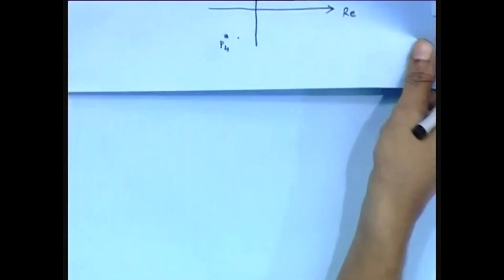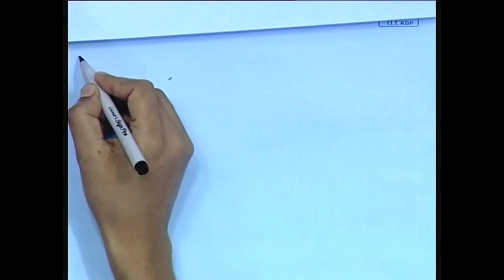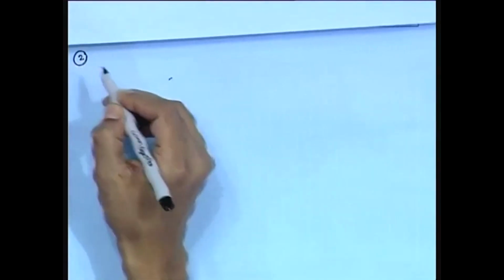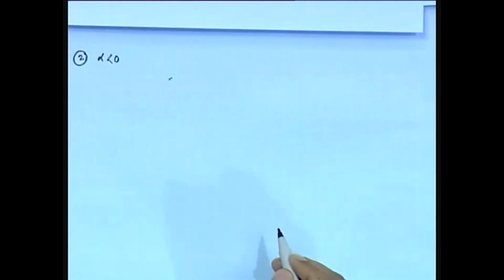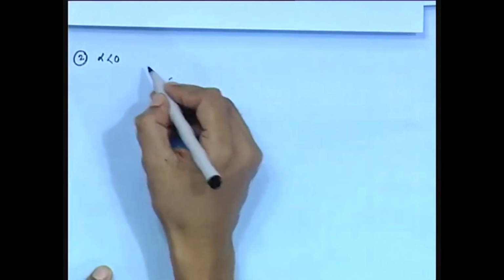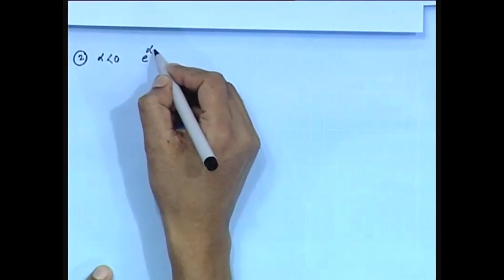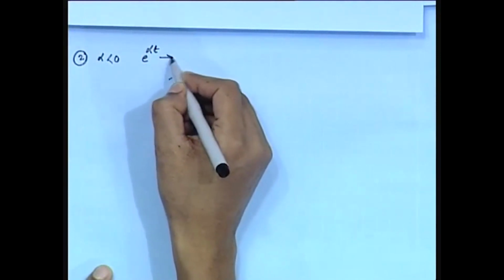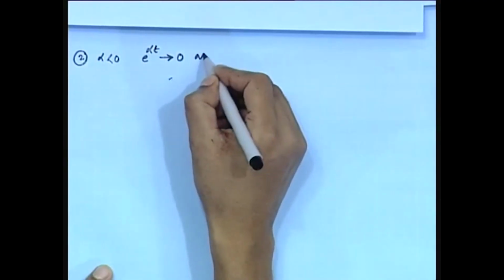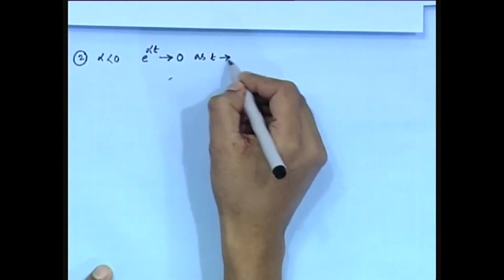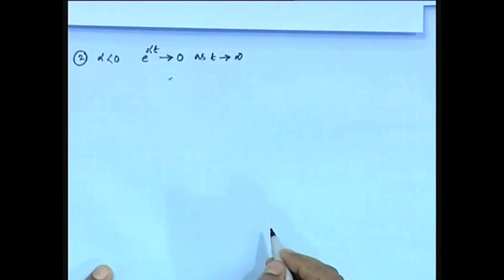Similarly, in the next case, we will consider alpha less than 0. Then exponential of alpha t tends to 0 as time tends to infinity.